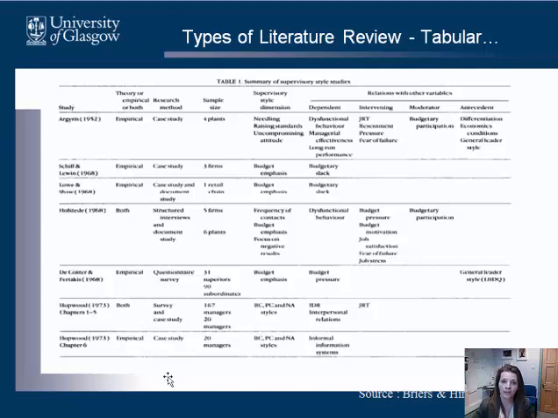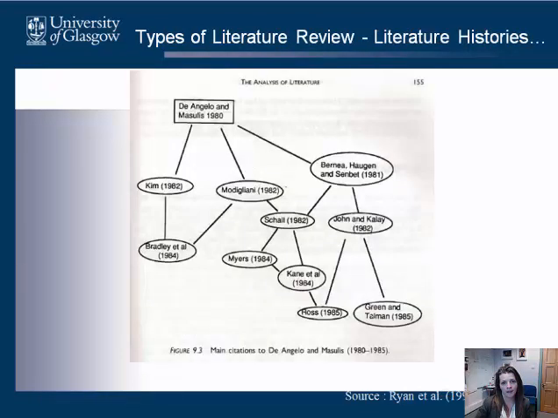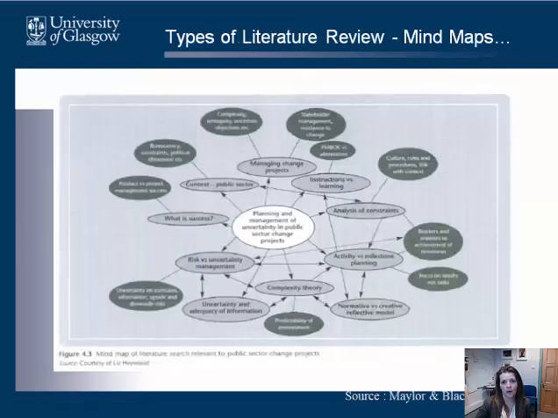Would it look like this, so tabular? Would it be diagrammatic in this manner? Would it be literature histories, or would it be mind maps? To make your life easier, most students do it in this way.